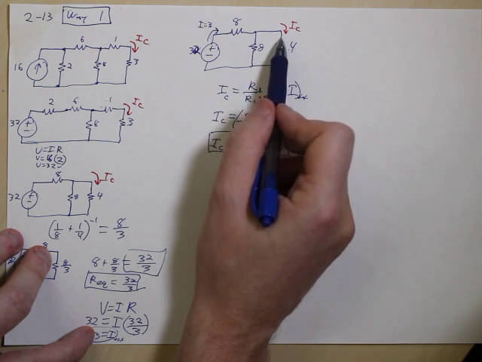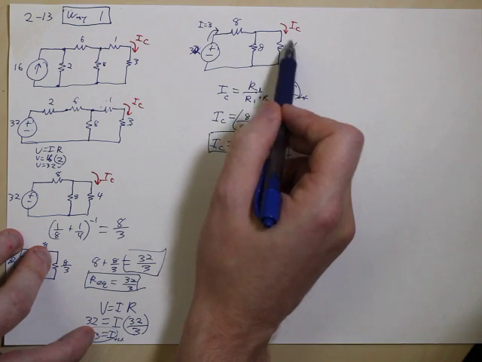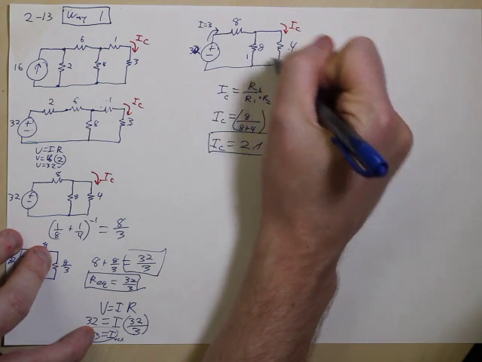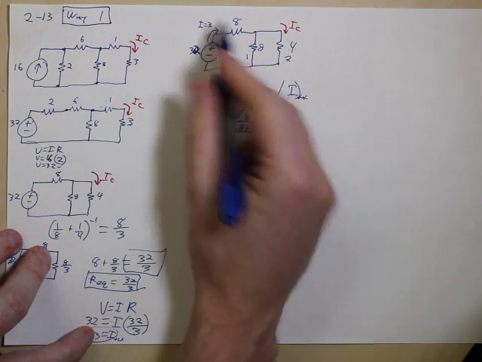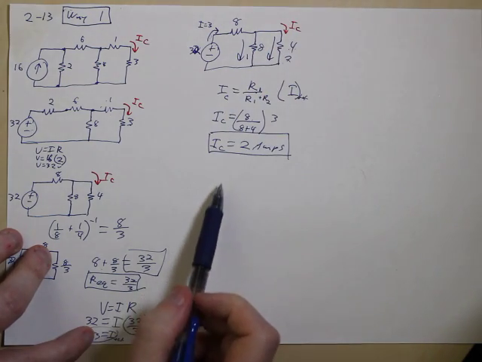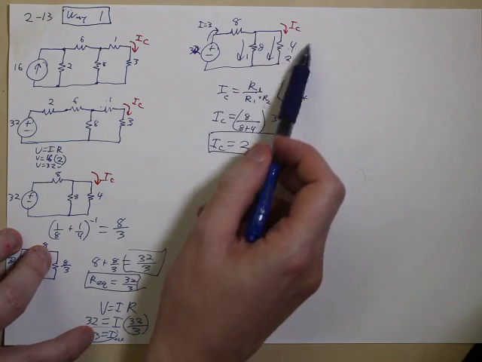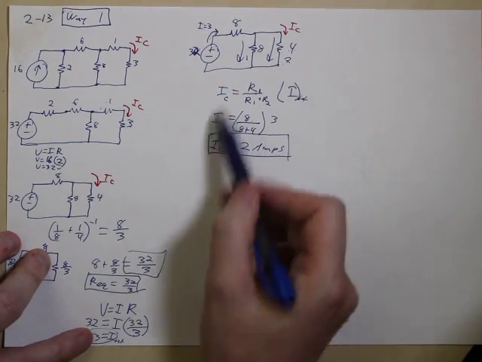So remember, the power wants to go through the path of least resistance. So we can actually know that this is going to be 1 amp coming through, and this is going to be 2 amps, because 2 plus 1 amps equals 3. That's another way of just logically looking at it and solving through. I mean, you can always do that, but it gets more complicated when you get other numbers that are not 2s and 1s. This method always works, current divider.